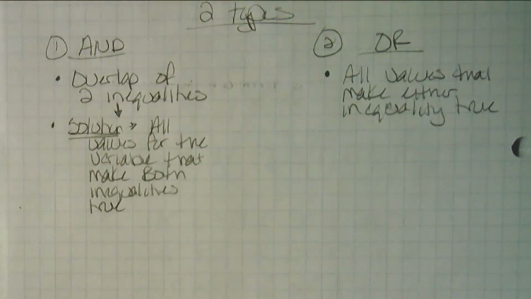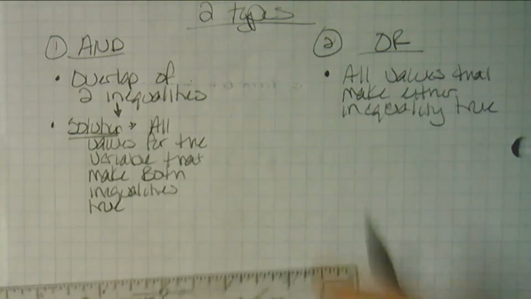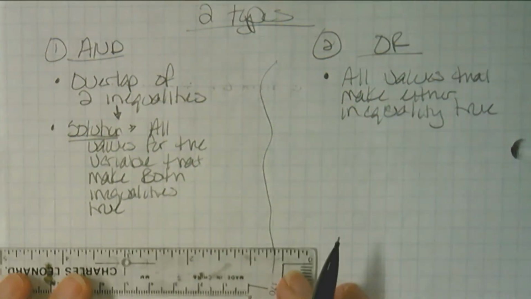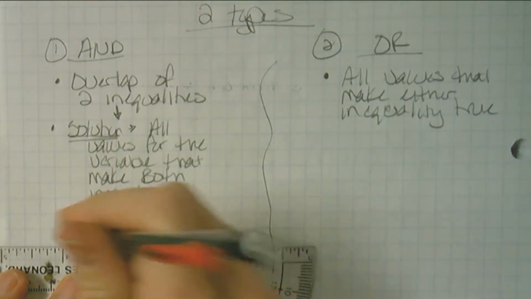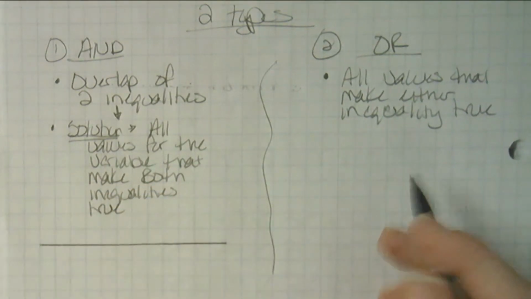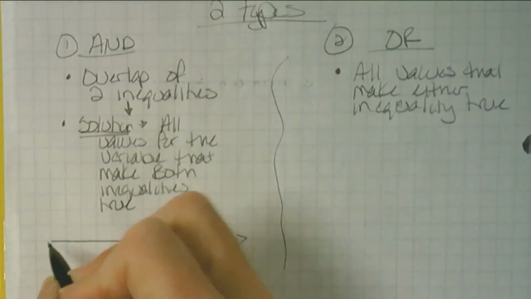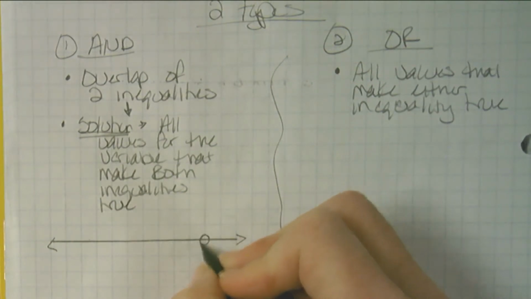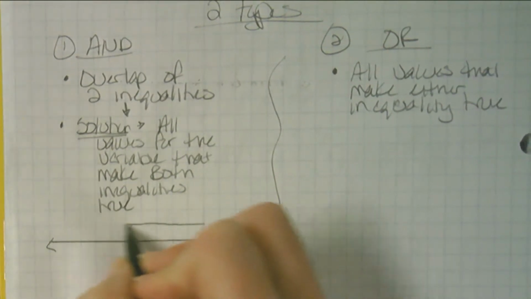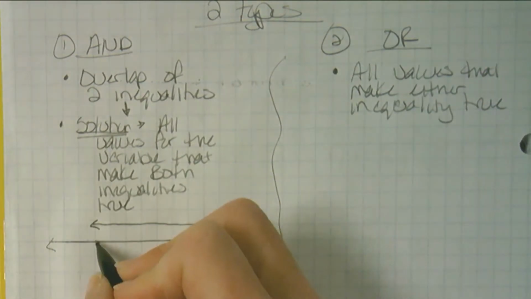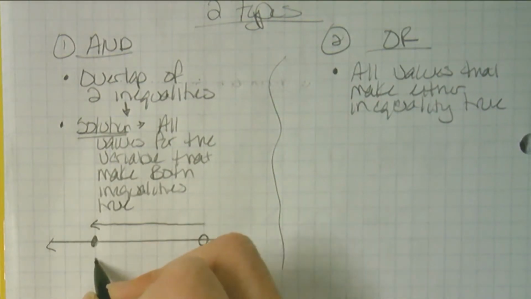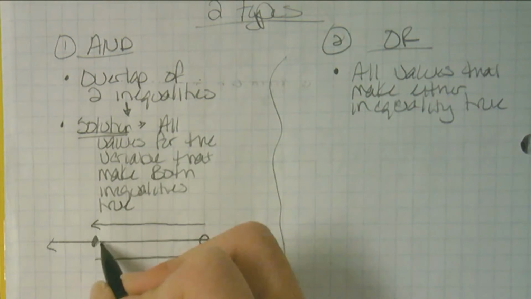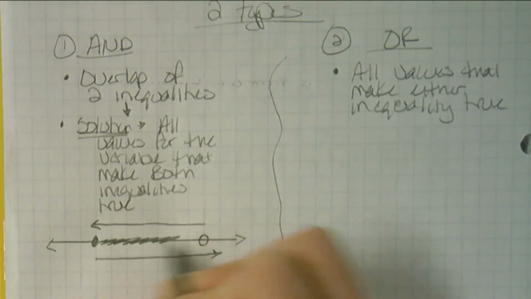All right, from a graphing perspective, and this is just going to be a very general graph, we might have a solution that's like that, and a solution that's like that, and the and is where they overlap.